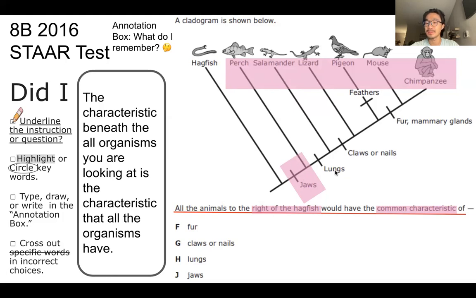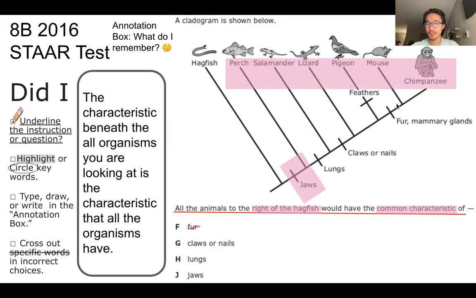It's not lungs because remember, lungs evolved after the common ancestor of perch and the rest of this group diverged, so the common ancestor of perch does not have lungs. But the common ancestor of all of these, perch all the way to chimpanzee, does have jaws.